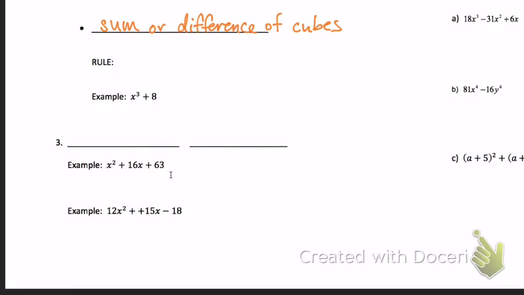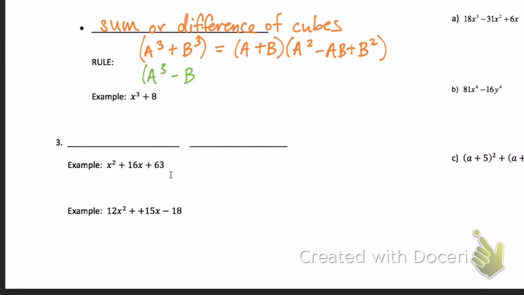The rules are: if you have a cubed plus b cubed, it factors as a plus b, times a squared minus ab plus b squared. That's just something you kind of have to memorize. If you have a cubed minus b cubed, it's a minus b, times a squared plus ab plus b squared.